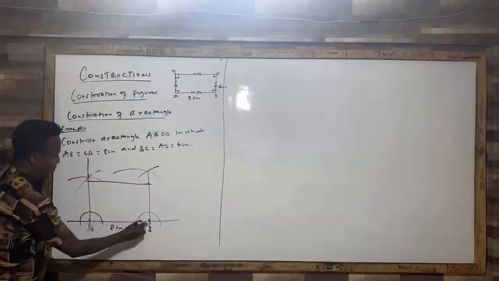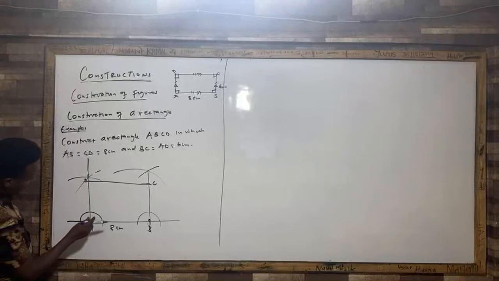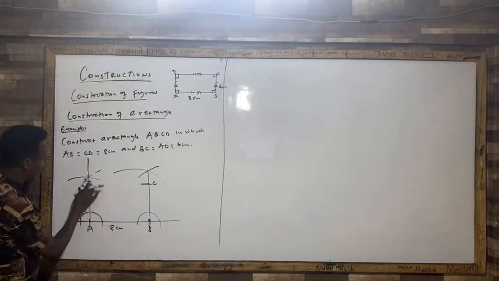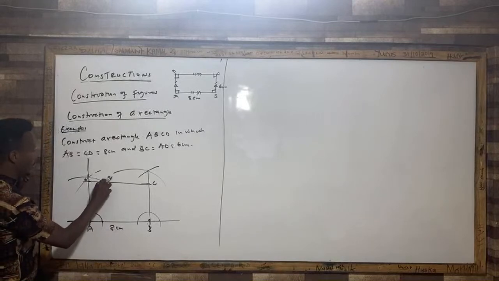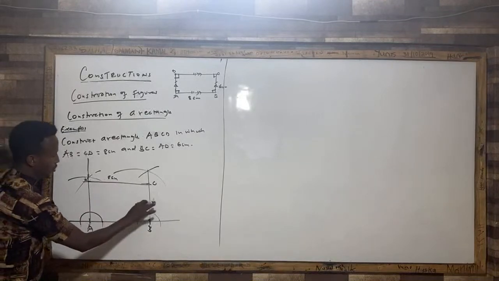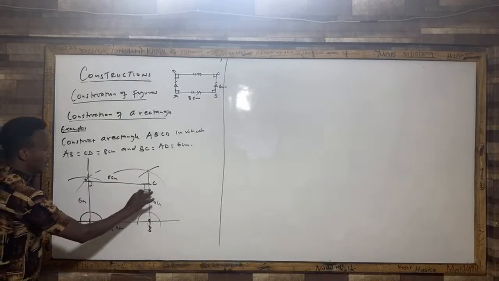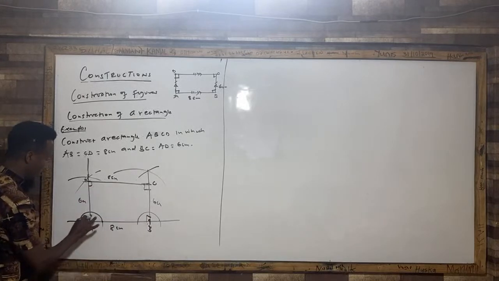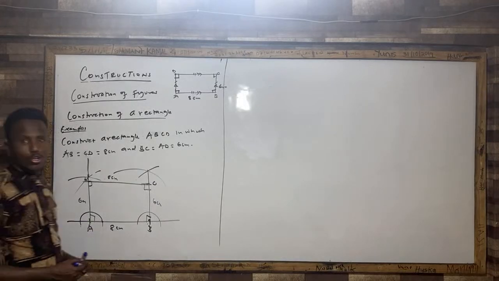So this is A, B, C, D. Now this is also 8 centimeter, this is 6 centimeter, this is also 6. This is 90, this is 90, this is 90, this is also 90. So this is how we are going to draw your rectangle.